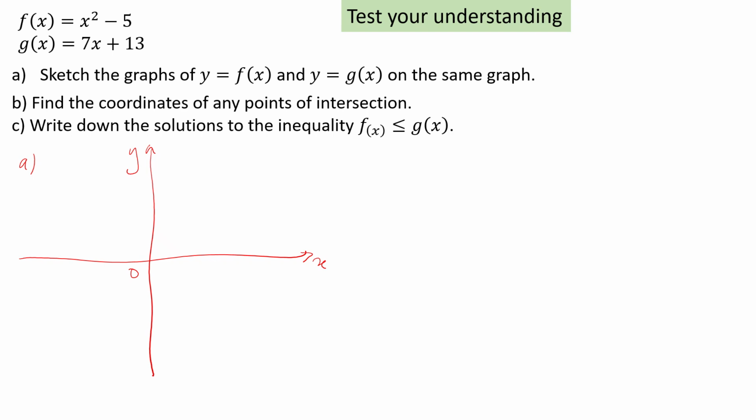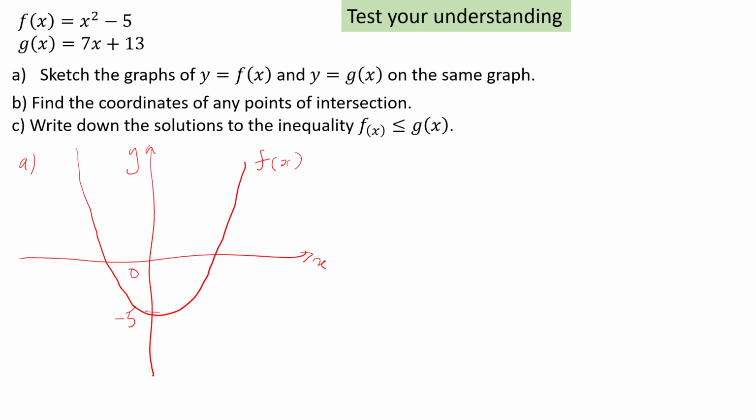First draw the quadratic. Y-intercept is negative 5 and positive x squared, so the graph should be like this. This is f(x).